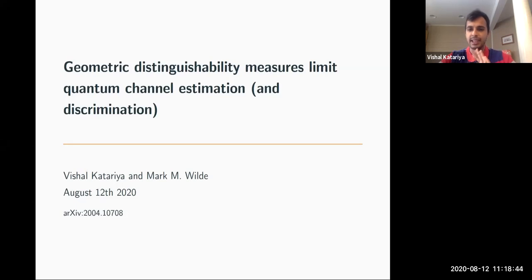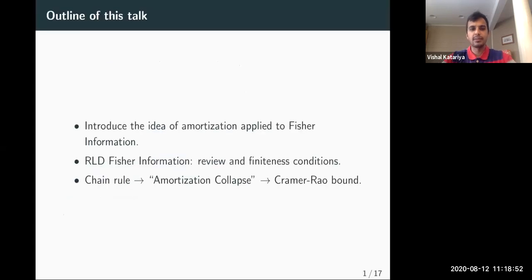So in the interest of time, and since it's a complete topic in itself, I'll only focus on the estimation part of our project. In this talk, I'm going to first have some preliminaries, then introduce the idea of what's called amortization, which has been used in channel discrimination. I'm going to generalize that, or define that, for Fisher information. We will focus on a particular quantum Fisher information called the RLD Fisher information, which I'll define later.